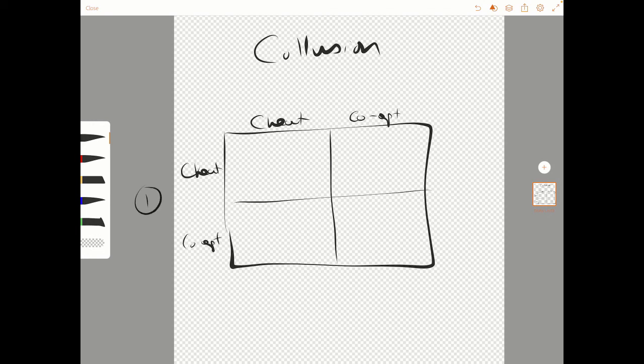Those are the strategies. We have firm 1 over here. We have firm 2 up here. And so firm 1's payoffs look like this. Firm 2's payoffs look like this.